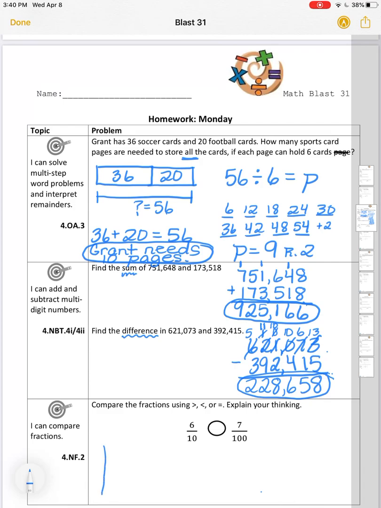So I can model my 6 tenths here. I'm going to model that over here on the side. I'm going to make 10 rows.